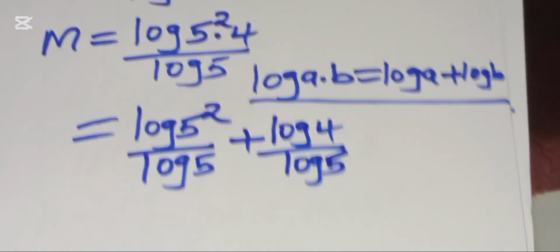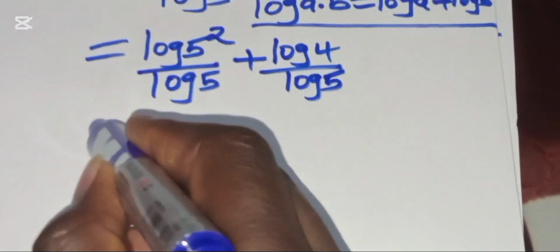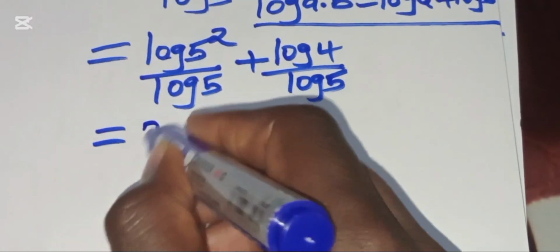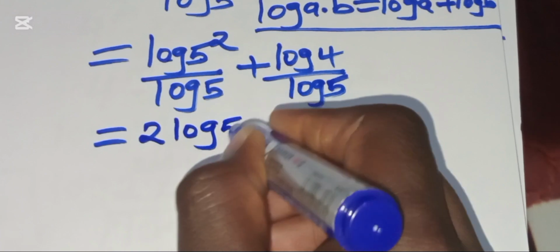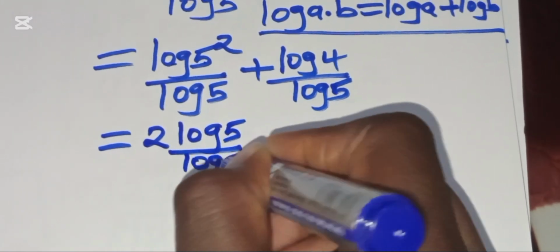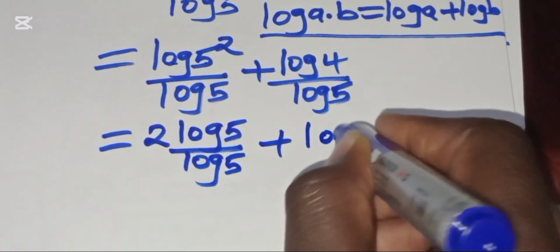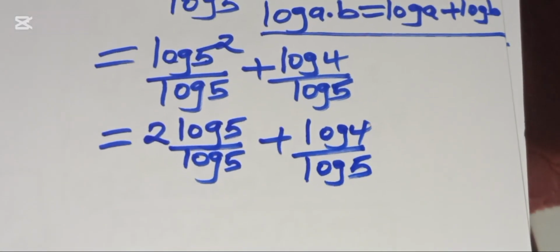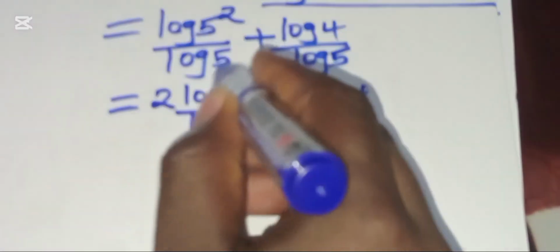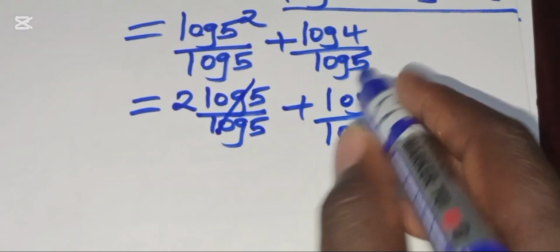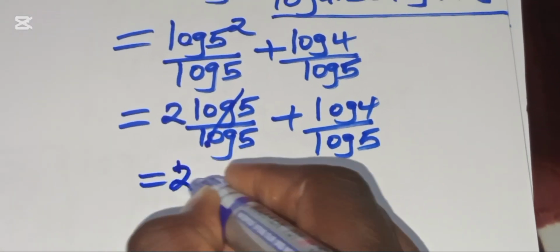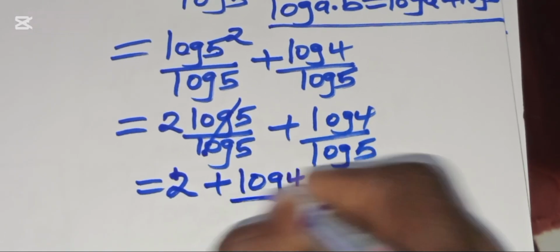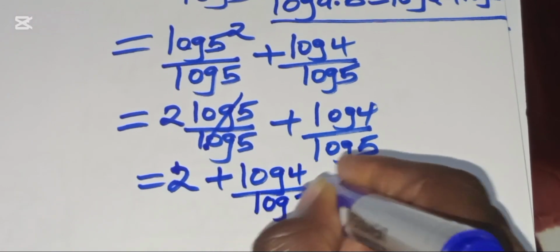Now again from here, as you can see, we can write this log 5 raised to power 2 as 2 log 5 divided by log 5 plus log 4 divided by log 5. Now from here you simplify. As you can see, we simplify this. We're going to have 2 plus log 4 divided by log 5.